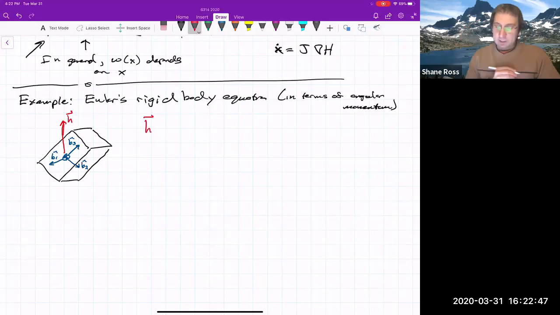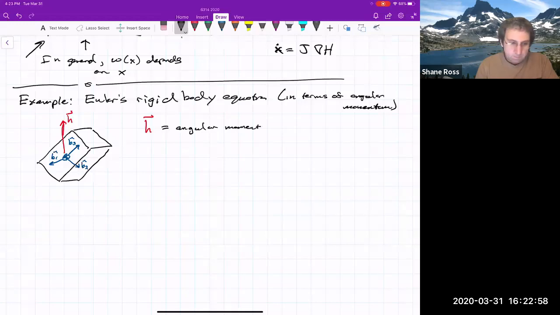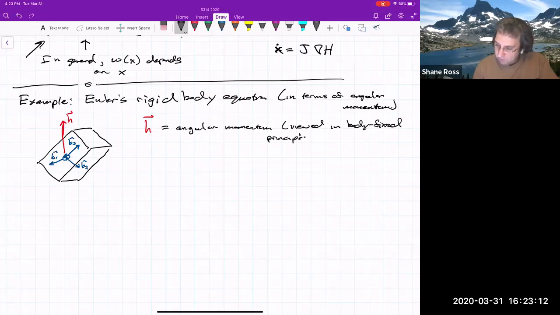So little h as a vector is the angular momentum viewed in the body fixed principal axis frame, B1, B2, B3.